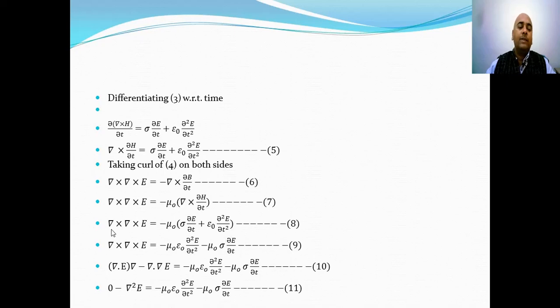Again, by using the expansion of A cross B cross C, we obtain that del square E is equal to μ₀ε₀ ∂²E/∂t² plus μ₀σ ∂E/∂t.